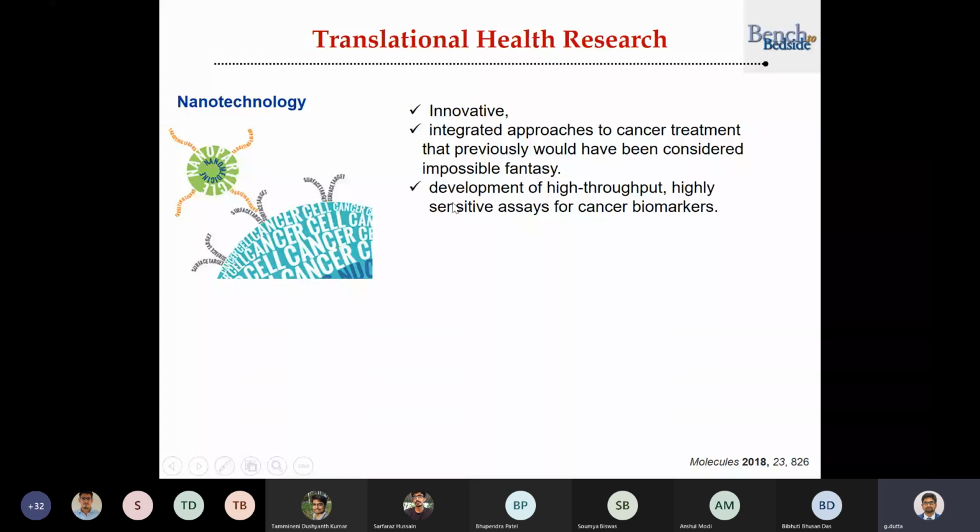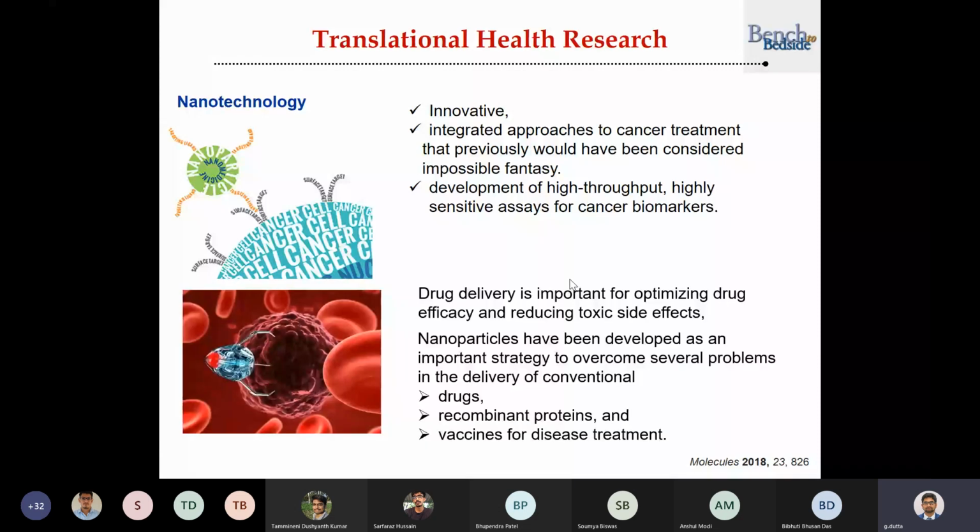drugs. You can apply your drug to a proper area, with proper treatment, by using nanotechnology. Also, there are high-throughput, highly sensitive assays for cancer and any other biomarker, or you can deliver your drug and optimize the drug load.